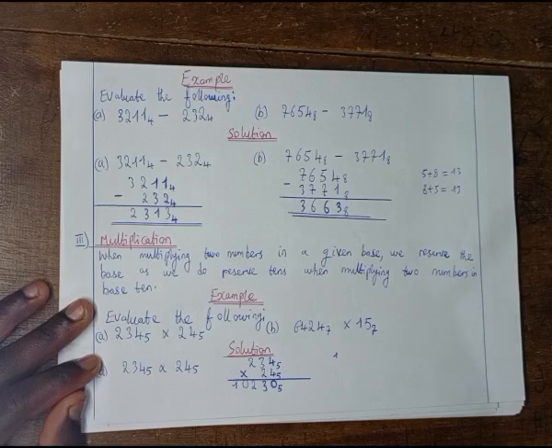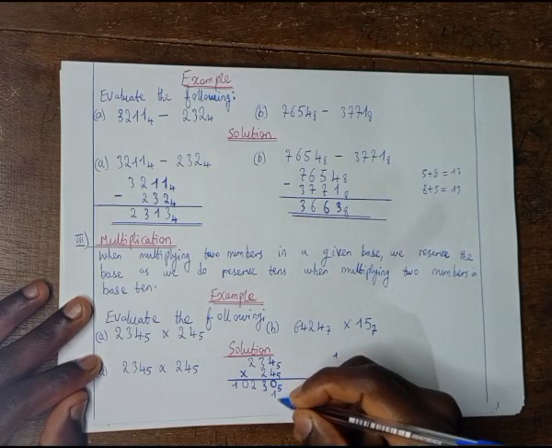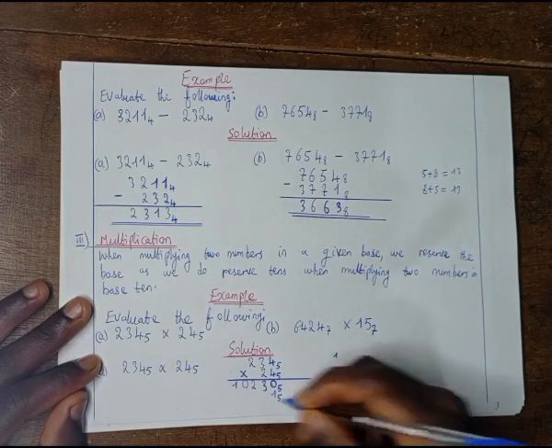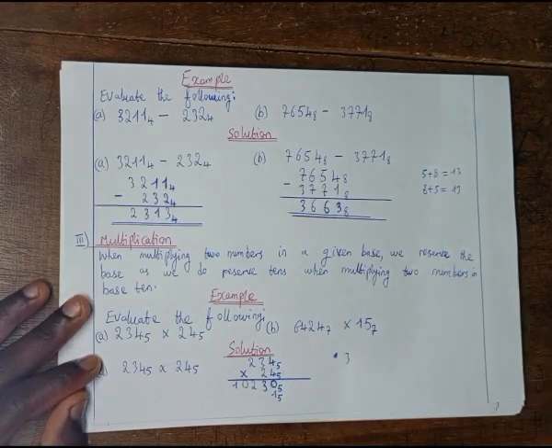Next, now we go to 4, which is at a lower place value. 4 times 4 gives us 16. 16 in base 5 gives us 3, remainder 1. We are going to write down the remainder here, 1. We bring down the base, we carry 3. 4 times 3 gives us 12, plus the 3 we carry, 15. 15 in base 5 gives us 3, remainder 0.